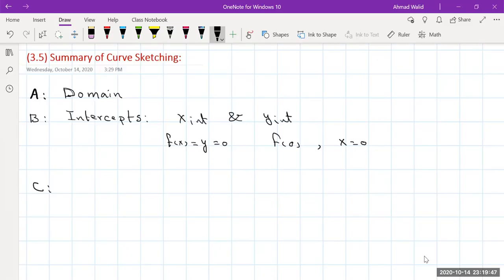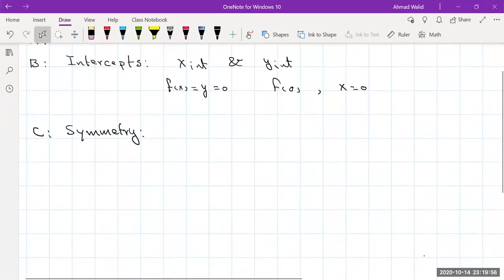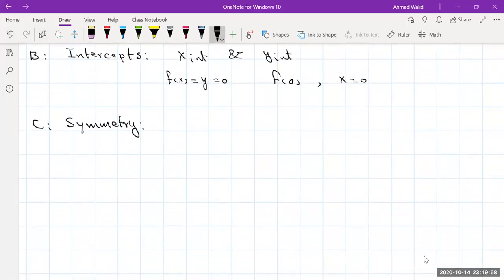Step C. In step C, look for the symmetry. Remember from algebra, even I discussed it in chapter 1 with the functions, that if for a function f of x, f of negative x equals f of x, correct? If a function is given, you replace x with negative x and you evaluate. If f of negative x becomes equal to f of x, we call that function an even function.